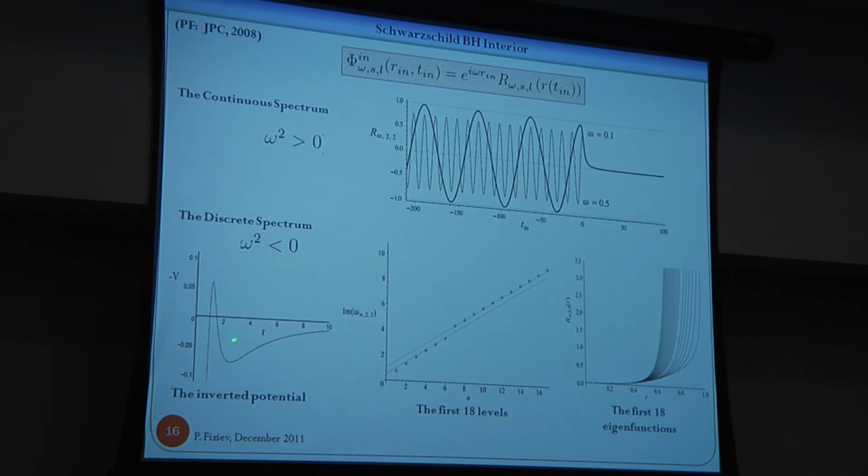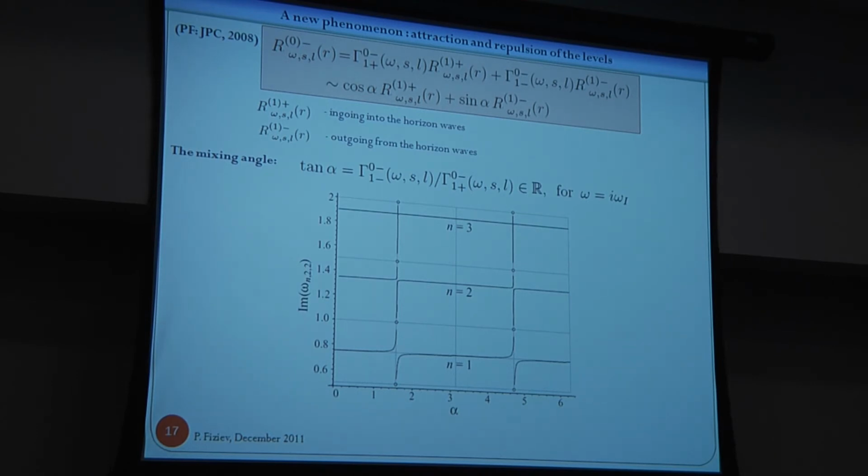Here we have a finite well, and in it we have 7 spectral frequencies, and here we have an infinite well and a corresponding infinite series of waves. Here, of course, the radial variable has the meaning of time, interior time, and the t variable has the meaning of a space variable.